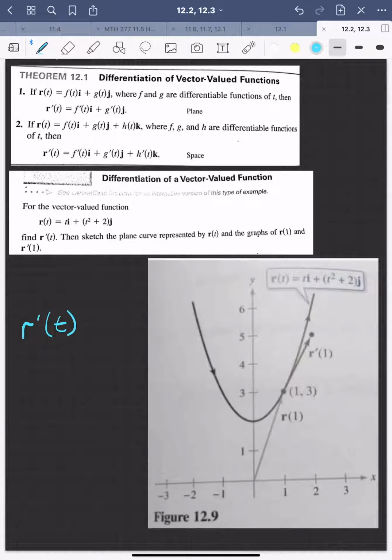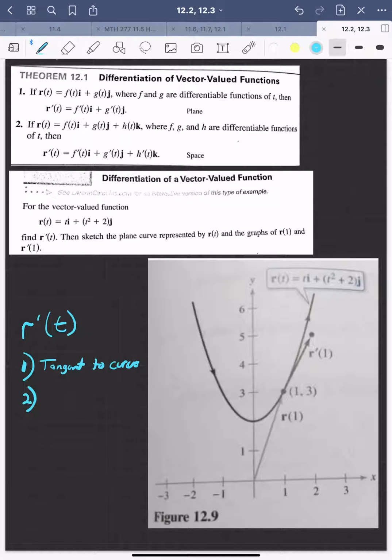One of the things that r prime does, obviously, is give the instantaneous rate of change at a point. So it runs tangent to the curve. But the second property is the one that's really important.